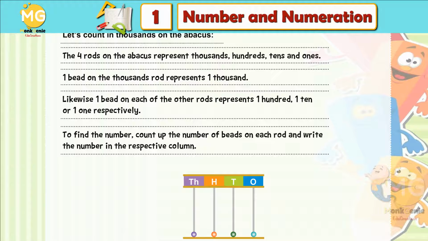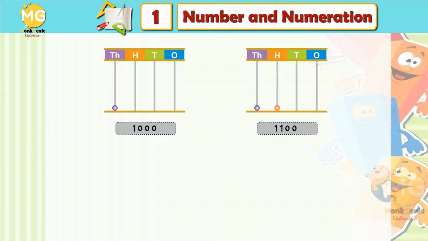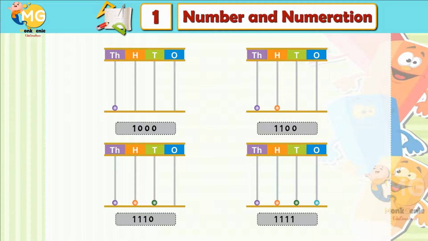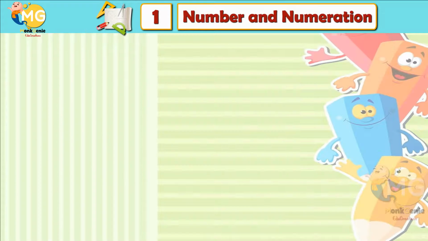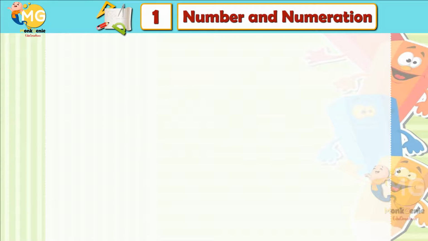To find the number, count up the number of beads on each rod and write the number in the respective column. 1000, 1100, 1110, 1111. Understanding place value and face value.